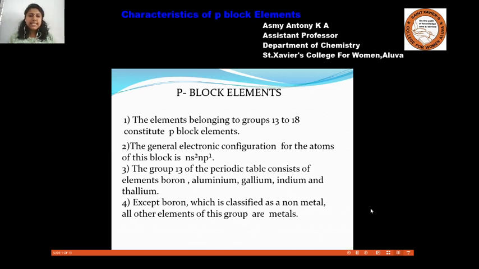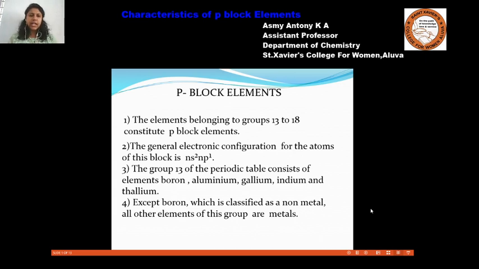The elements belonging to group number 13 to 18 are known as p block elements, because their last electron goes to p orbital. So their electronic configuration will be ns2 np1 to 6.